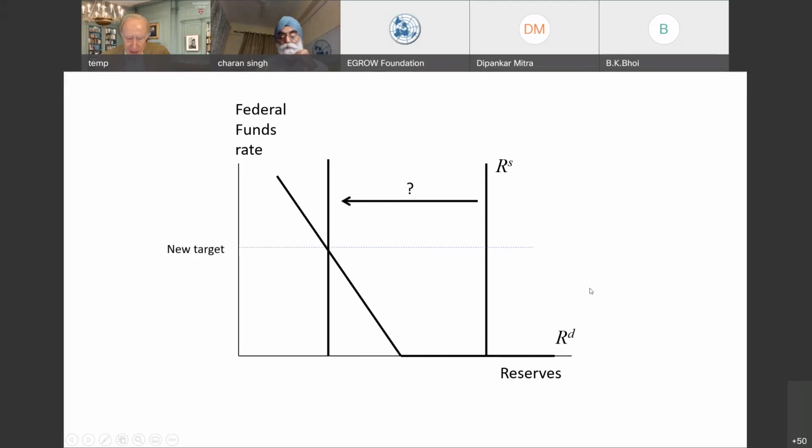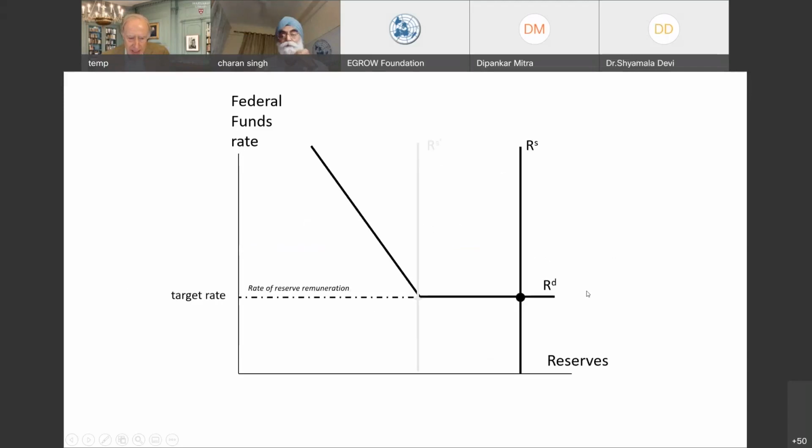Well, nobody contemplates that because we now pay interest on excess reserves, and now, in effect, the central bank will use the reserve remuneration rate to set a floor under the short-term interest rates, on the idea that no bank is going to lend to a risky customer at an interest rate lower than that at which it can lend safely back to the Federal Reserve.